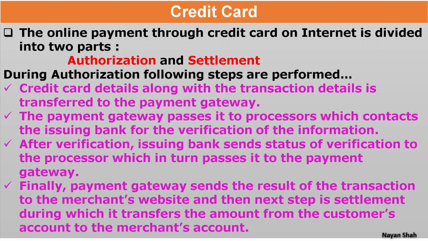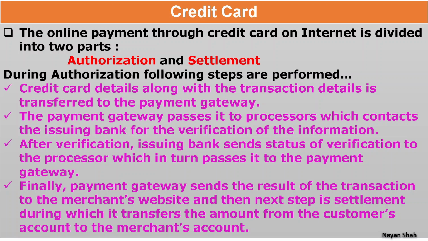After verification, the issuing bank sends a status of verification to the processor, which in turn passes it to the payment gateway. Finally, the payment gateway sends the result of the transaction to the merchant's website, and then the next step is settlement. So the first step verifies the card detail, where processors and issuing banks are involved, and then through the payment gateway this information goes to the merchant account.